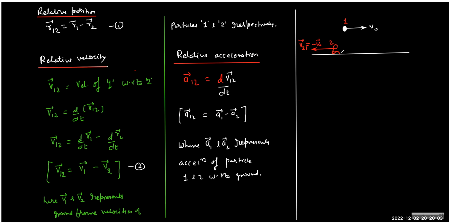So even though two is having nothing, for this observer, two is having at least this much. Are you getting the point? Two is having nothing in the ground frame, but for the guy one, two is having minus v naught, which is exactly opposite of what one is having in the ground frame. Okay.